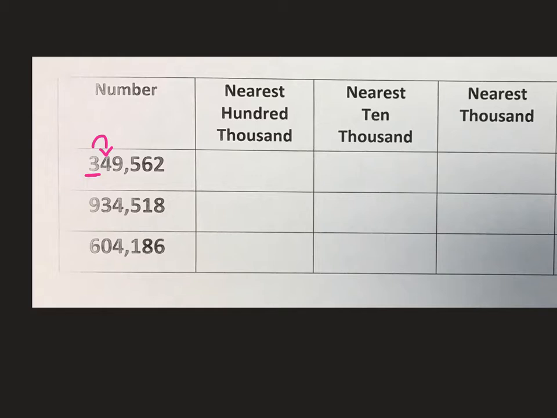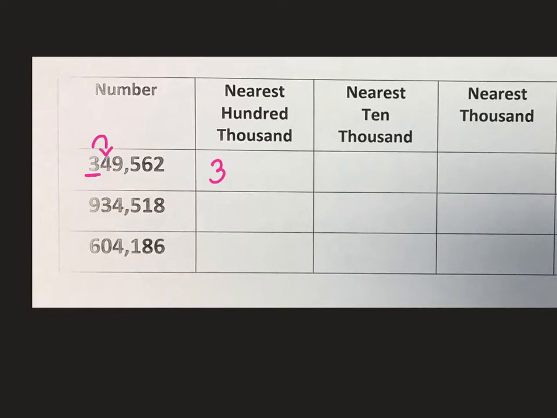Now, our rule: 4 or less, let it rest. 5 or above, give it a shove. Is that digit the arrow is pointing to 4 or less, or is it 5 or above, Gavin? 4 or less. So what that means is that 3 stays the same.